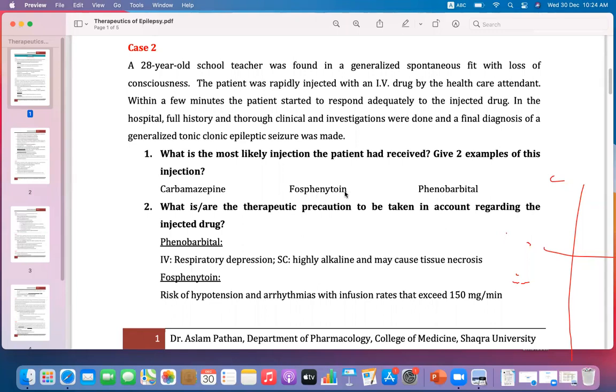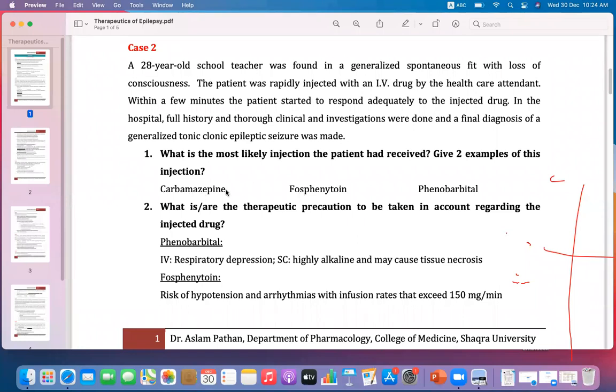Phosphenytoin is a prodrug, and it is metabolized by the erythrocytes to phenytoin, which is the active form. So generally preferred drugs for the management of tonic clonic epilepsy are carbamazepine and phosphenytoin.